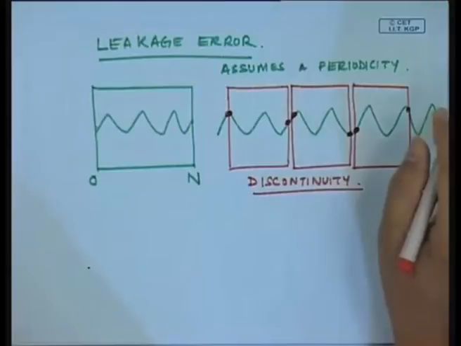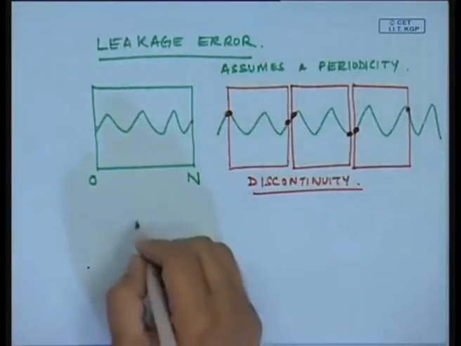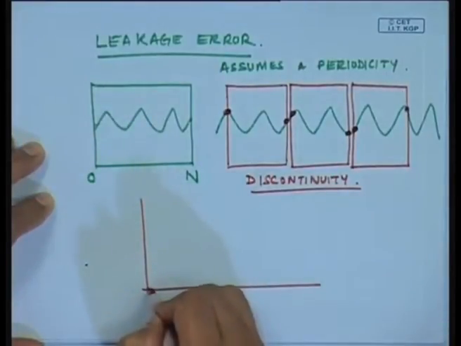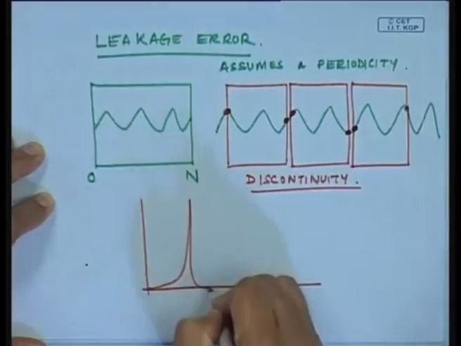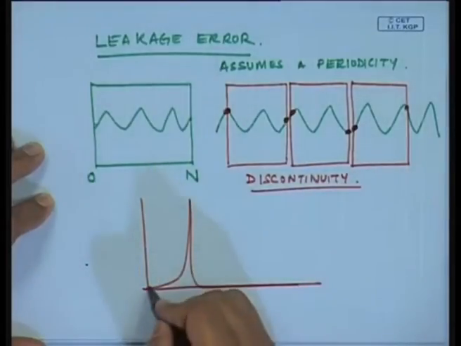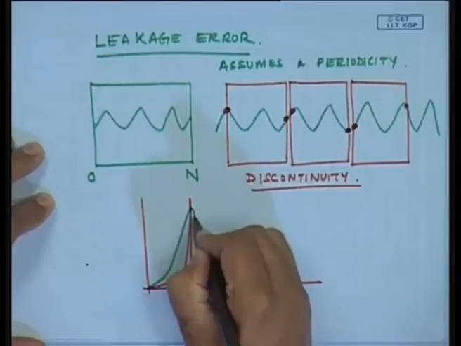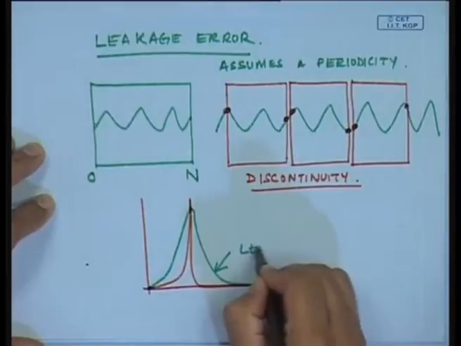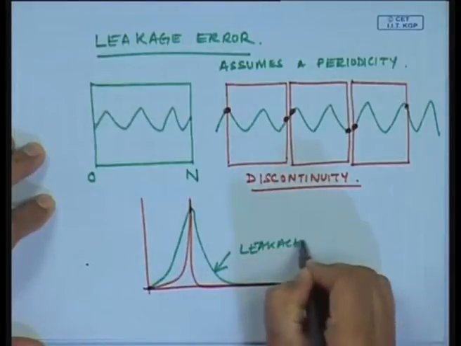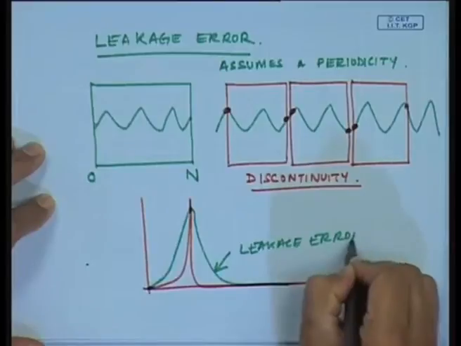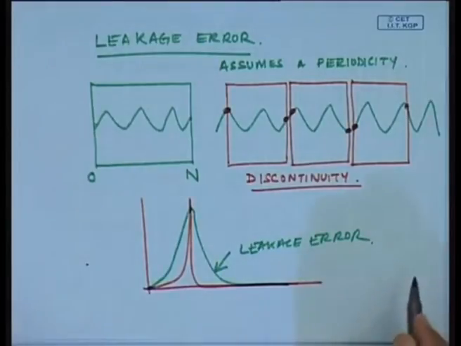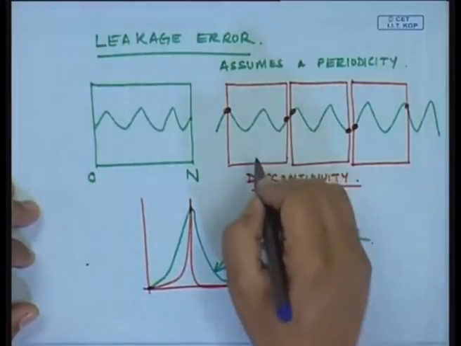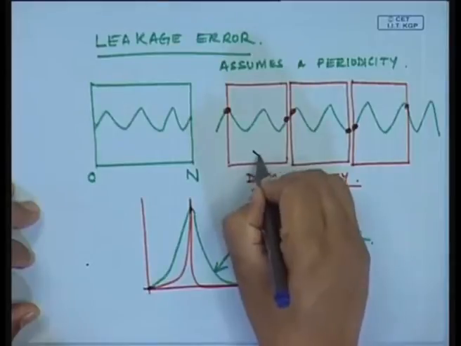Now, to avoid this discontinuity, what do we do? So, there is what is known as a leakage in the frequencies. So, if my actual frequency is this, the computer would estimate it as this because of leakage error. This is avoided if I multiply it with a function, a dot product, because this is the sample data, x.